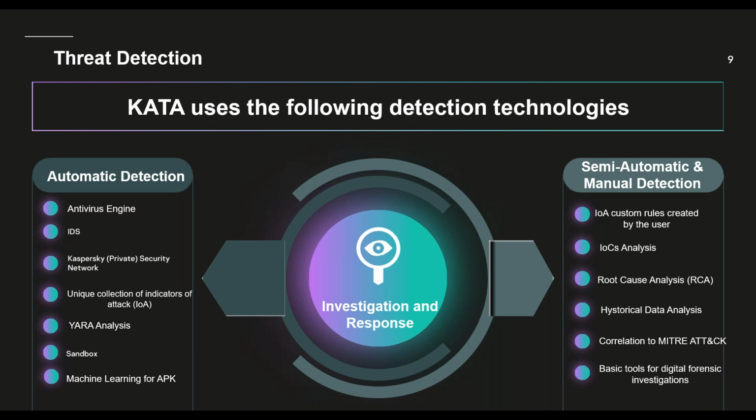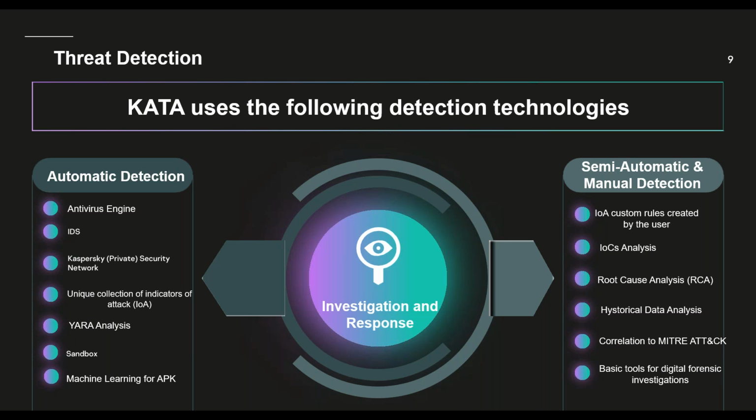What are some of the detection technologies that it uses? As you can see on the left side, we have the automatic detection portion of these technologies. And on the right side, we have the semi-automatic and manual detection technologies that it uses. Why is that?